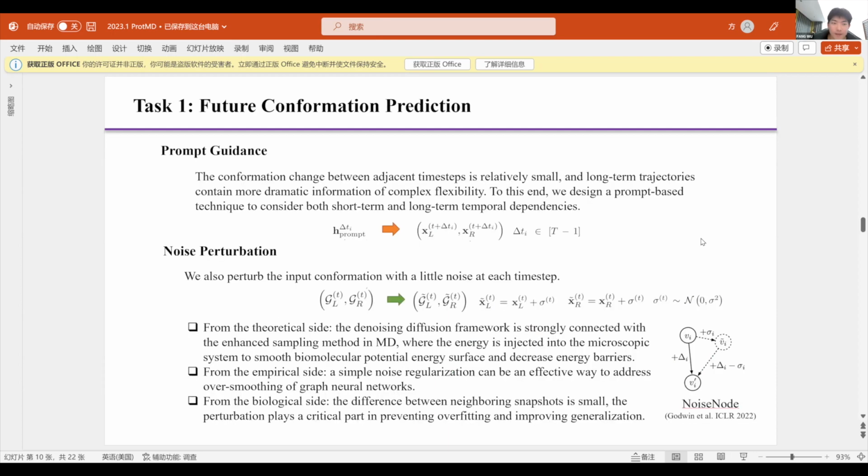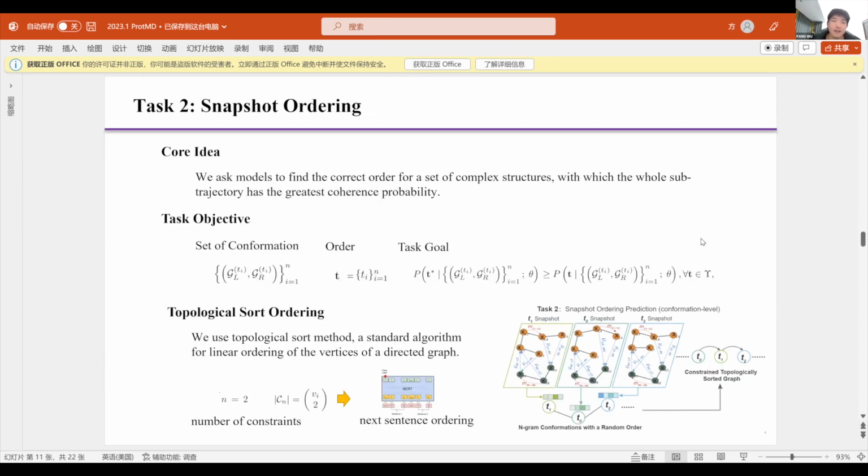So this is the first task, and the second task is the protein-level snapshot ordering. The core idea is that we ask models to find the correct order for a set of complex structures with which the whole sub-trajectory has the greatest coherence probability.